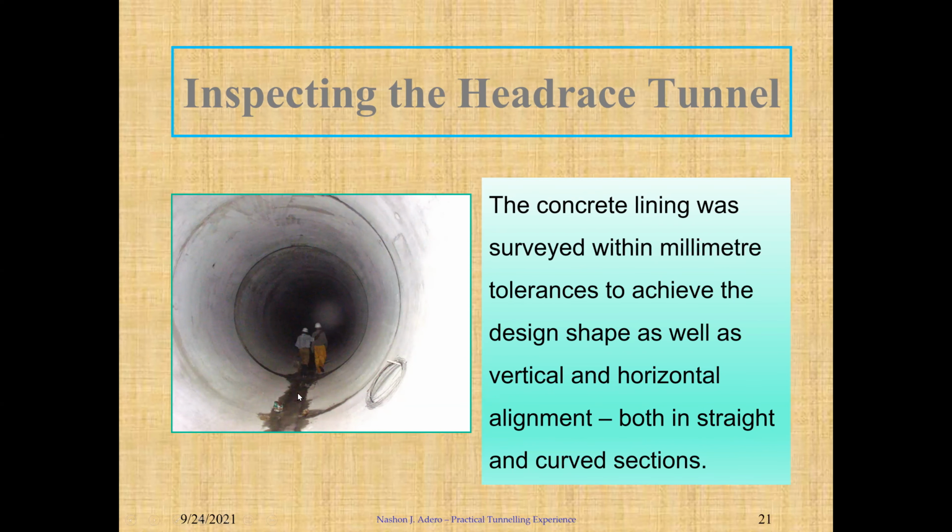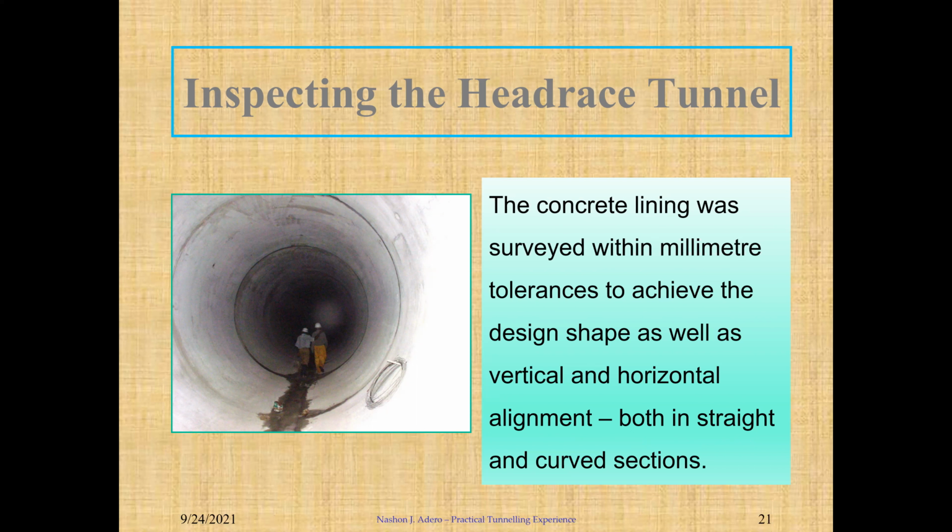So surveyors also have to come after the work has been finished like this. You take some measurements at specific points in the tunnel to check if the invert levels here, according to the chainage, are correct. So you have to know the chainage where you are. Take the level. Is the level correct there?